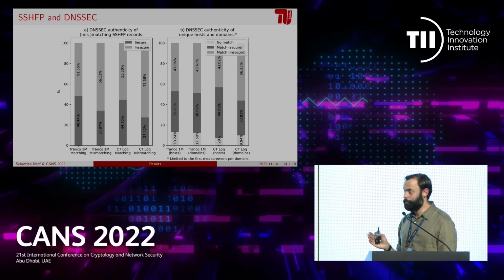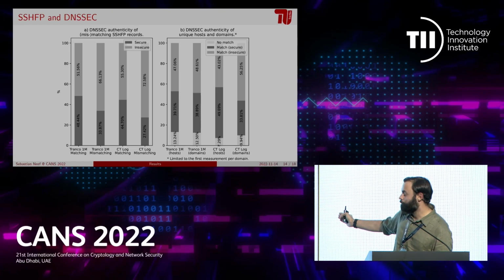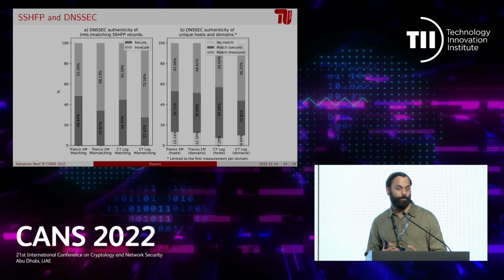And almost the same number we get for bar plot B, where we look at the unique hosts and domains. And we can see with the dark gray bars that less than 50% of the matching records that we found are securely transmitted. So there's a lot of room for improvement.